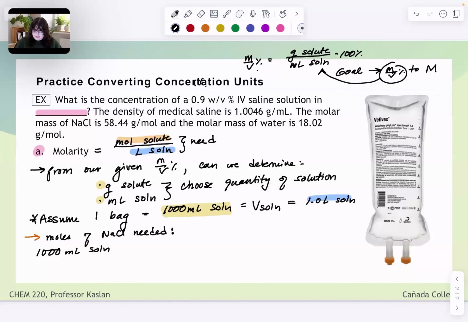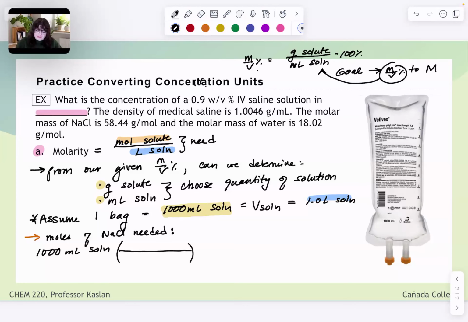And then I am going to look at my given concentration, which was my mass volume percent. This says that if I were to have 100 milliliters of solution, 0.9 grams would be present.